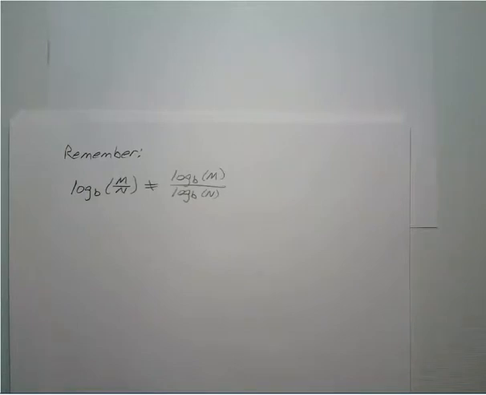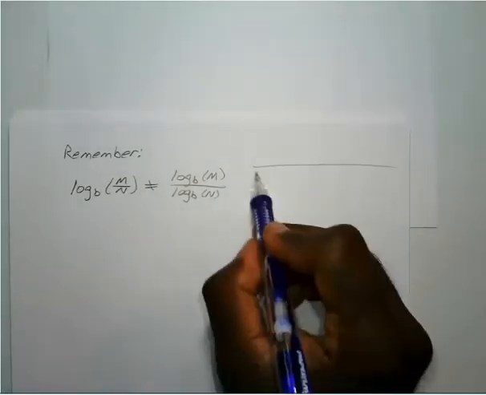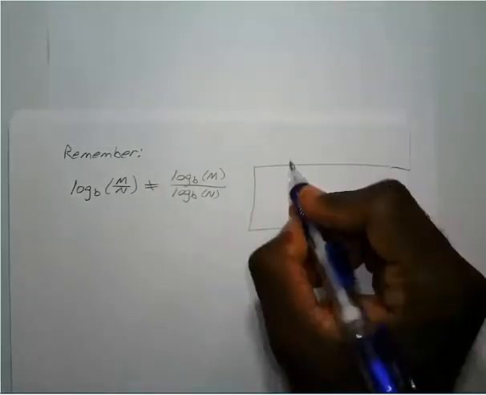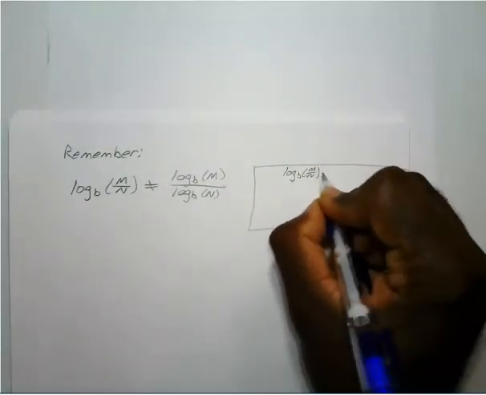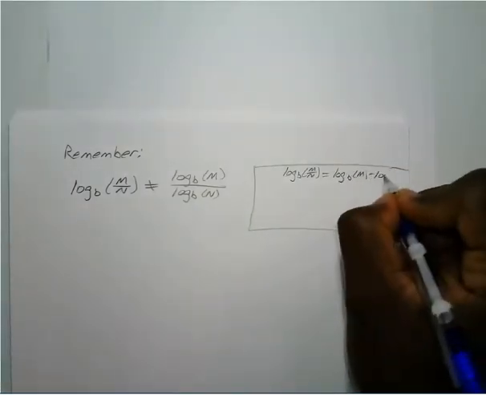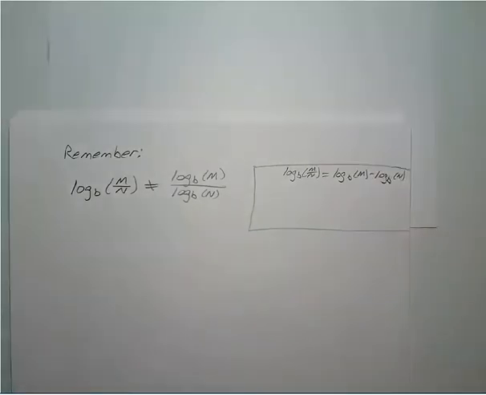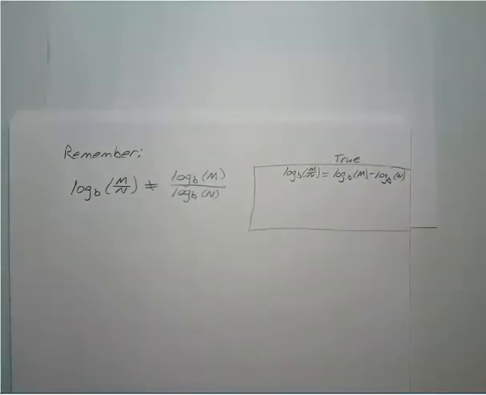The reason this is such an easy mistake to make is because it looks like it should be true. It's just not true. Okay, so that's a mistake. Okay, remember, log base b of m over n is equal to log base b of m minus log base b of n. Okay, this is true.